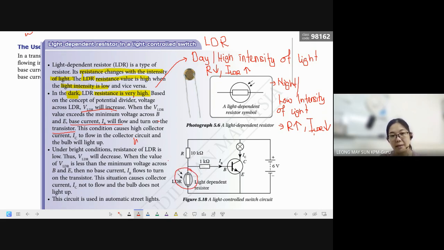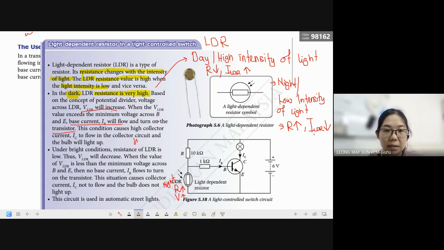So at night time, the resistance is high. Sorry, I saw high but I said low. So at night, I better write that down. Nighttime, the resistance across the LDR is high. So based on the concept of potential divider, the voltage across this base circuit will be high.